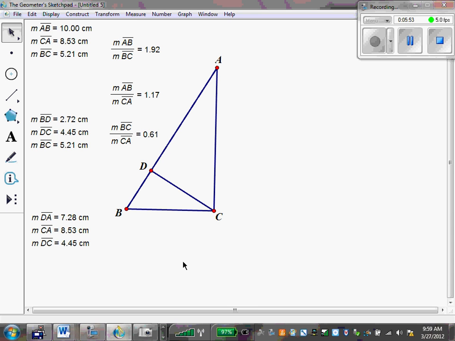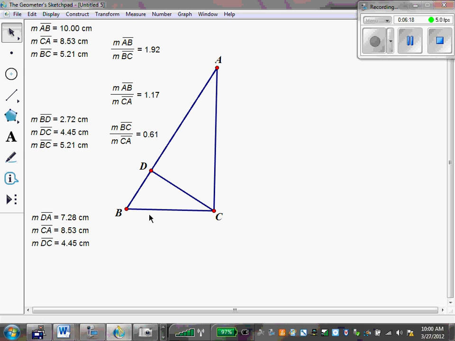Okay, so now what I want to do is look at some of the other ratios. So those were the different ratios between the three triangles and their hypotenuses. So now I'm going to look at the other ones. So if you notice, they all have a shorter leg.